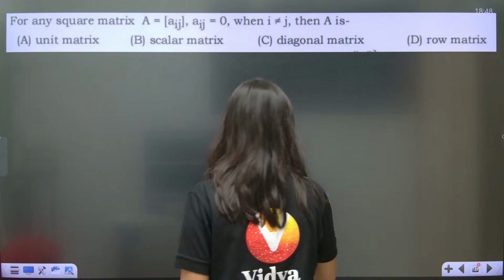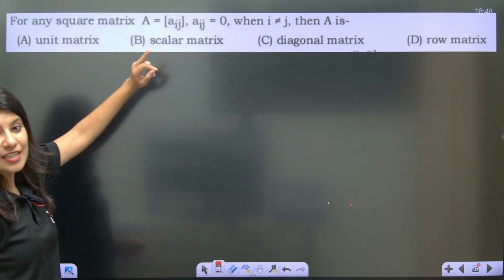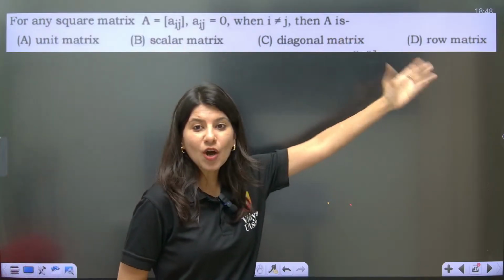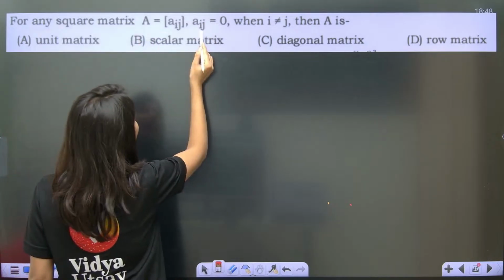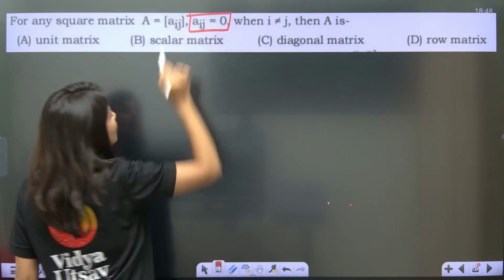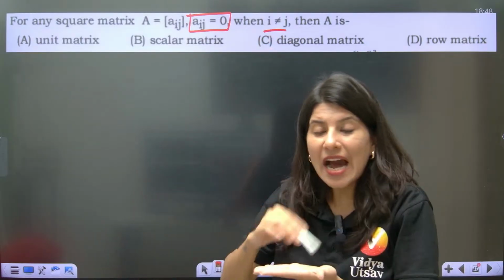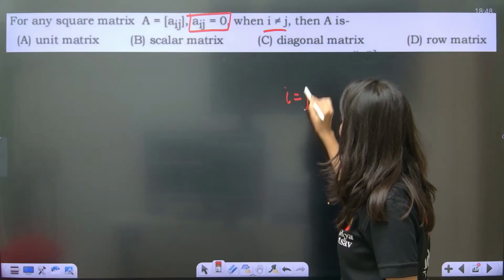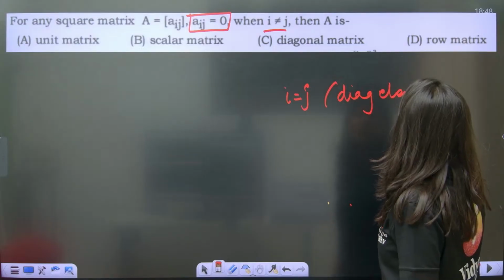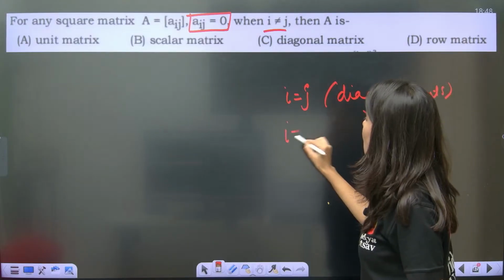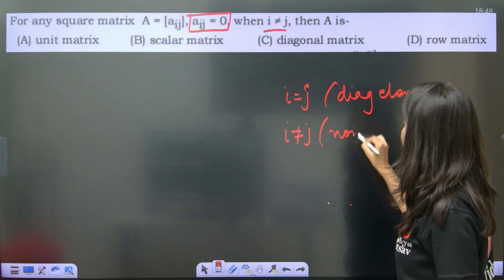What about this question? Can anybody tell me which answer is correct? Is it Andhra biryani, just biryani, chicken biryani or dum biryani? Okay. So, over here the question says A is a square matrix where Aij is equal to 0 when i is not equal to j. When i is equal to j in any matrix, we call them diagonal elements. But when i is not equal to j, we call them non-diagonal elements.